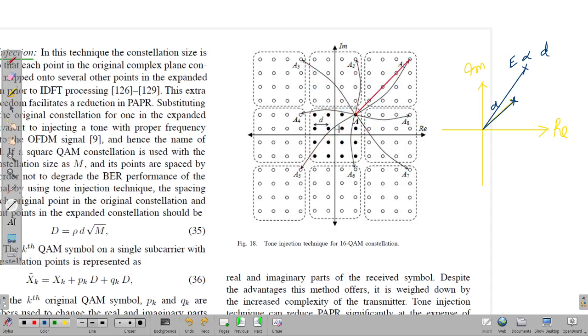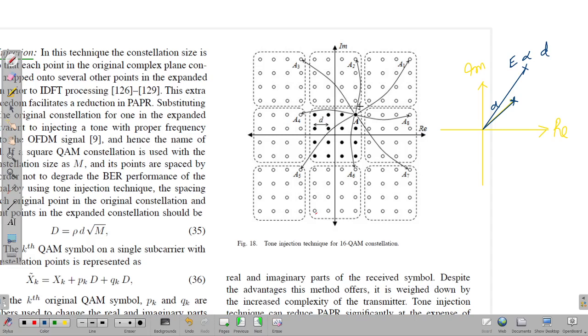So what is the advantage if I extend the constellation in this way and map the original constellation points onto a higher order constellation? The advantage is that when the phase and the energy change, the PAPR also changes.